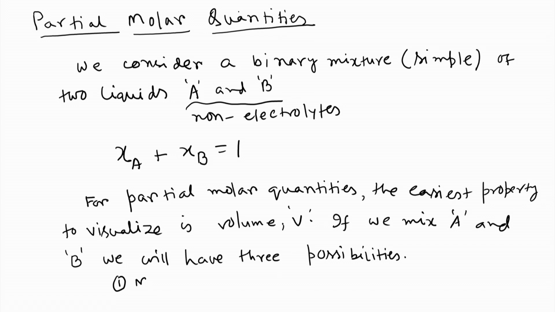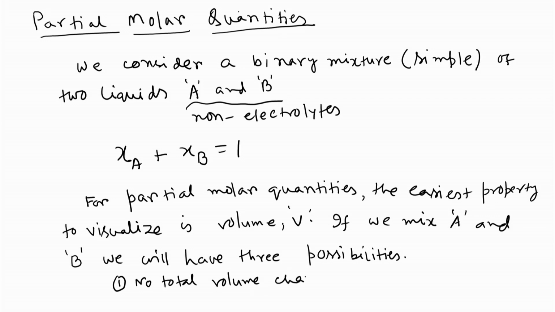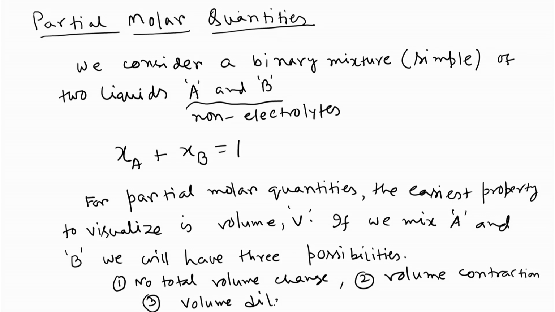Suppose we are mixing 10 ml of A and 10 ml of B, and if the total volume is 20 ml, then effectively there is no volume change, in that we are getting the expected volume. Then we can also have volume contraction. And the third possibility is volume dilation. So, these are the three possibilities one can have.